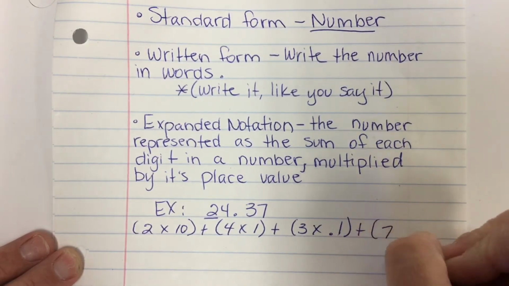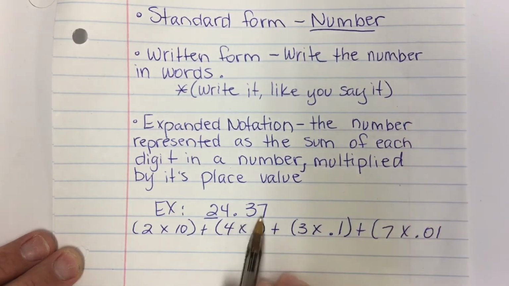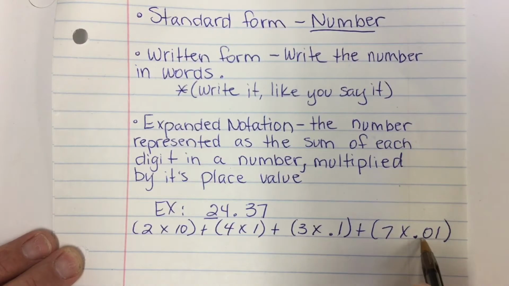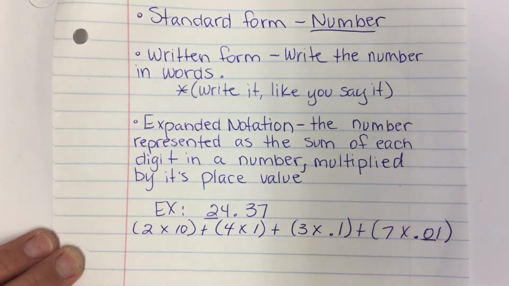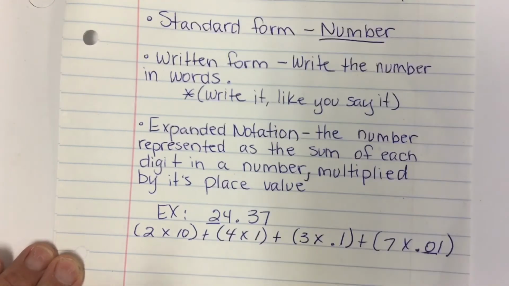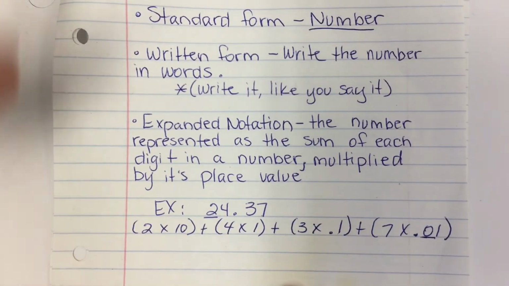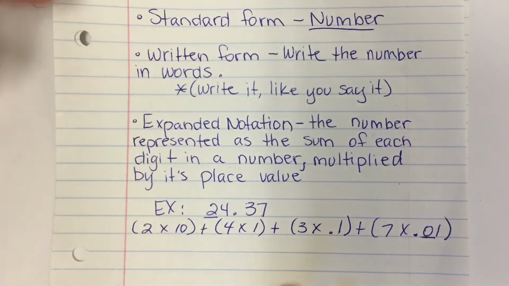Plus 7 times 0.01, because I have a 7 in the hundredths place. So I have to multiply it by 0.01, one hundredth. All right, so that is the definitions for written, standard, and expanded notation.